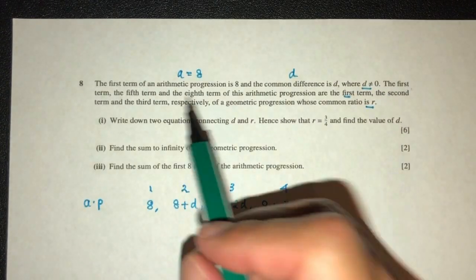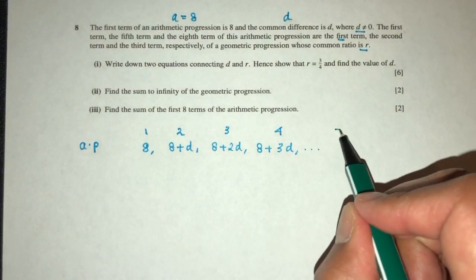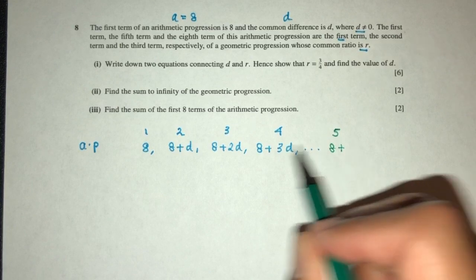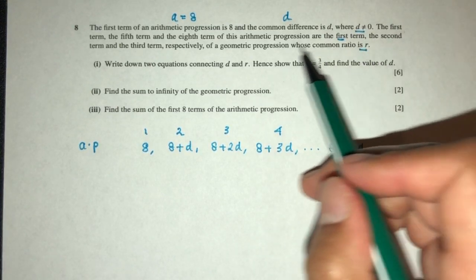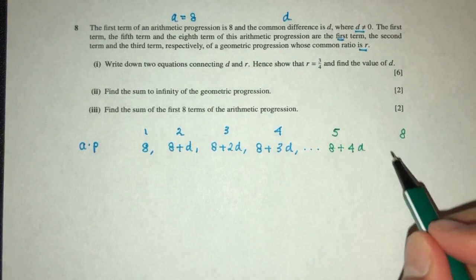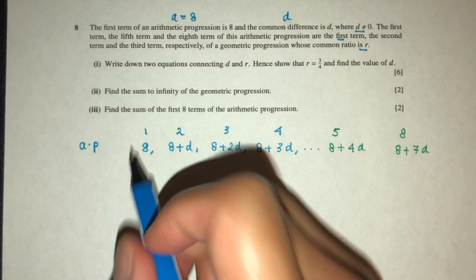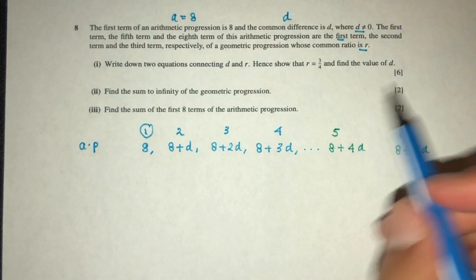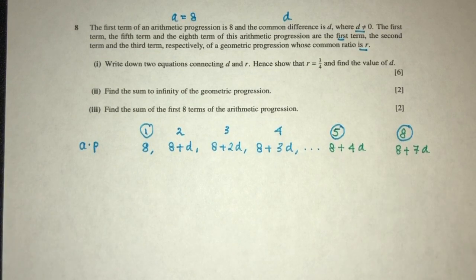So here I'm told that the first term, the fifth term, I can write this down, fifth term will be 8 plus 4d. And my eighth term, you can see, will be 8 plus 7d, right? So my first term, my fifth term, and my eighth term will be the first three terms of a GP.